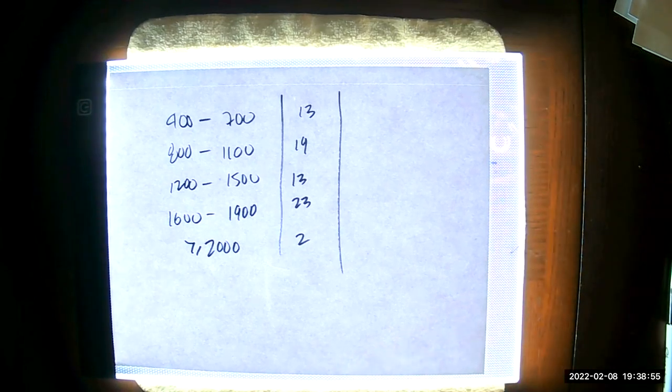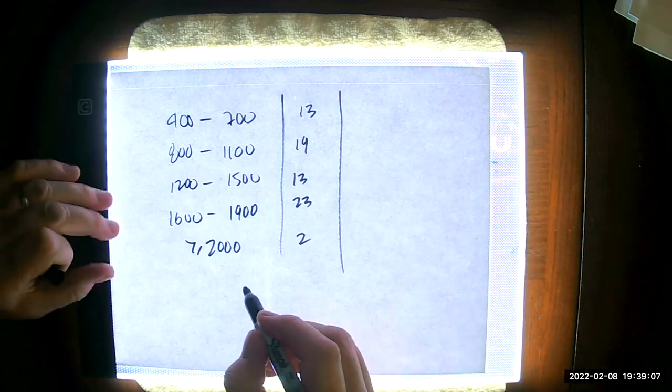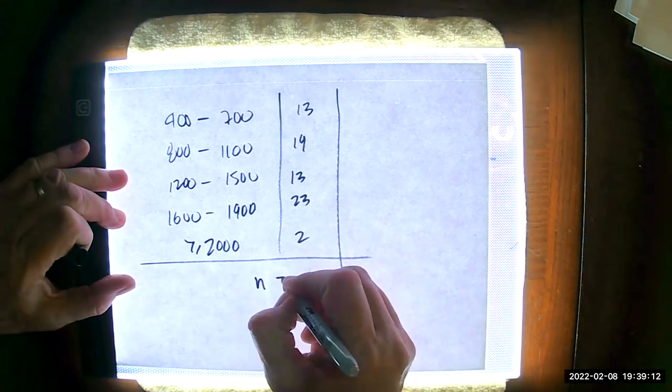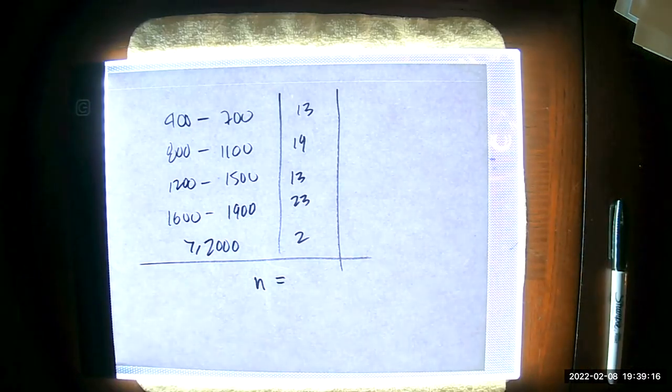So that's the frequency distribution for income. I'm going to calculate the relative frequency and the cumulative frequency for this distribution for this data here. So the first thing I am going to need is however many people we took a look at.